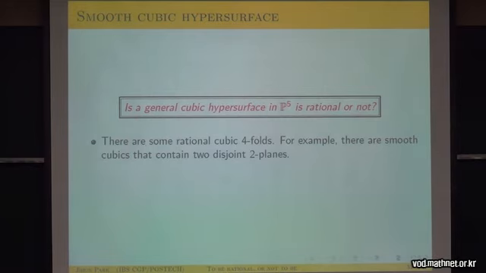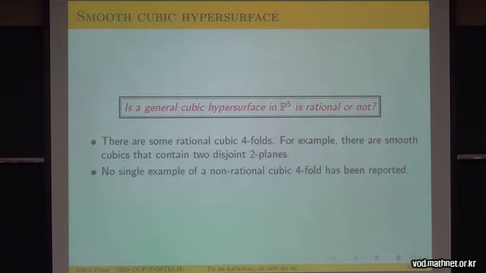The cubic hypersurface in P5, because you can find a smooth cubic that contains two planes. If you have two disjoint n-planes, then it's rational. So that's why some cubic fourfolds, the cubic hypersurfaces in P5, are rational. We know.